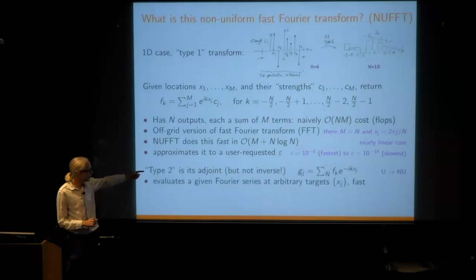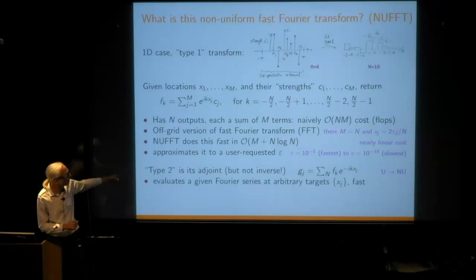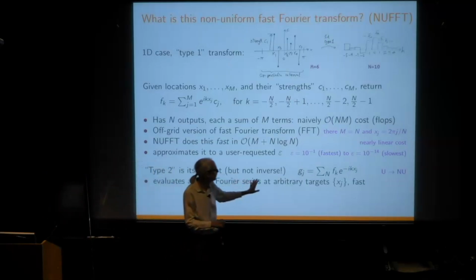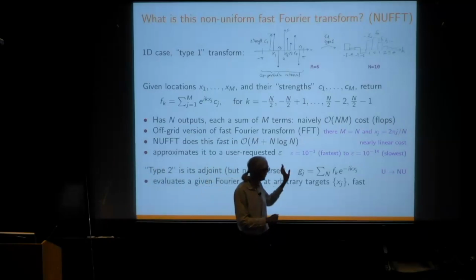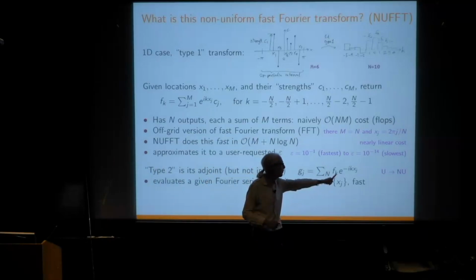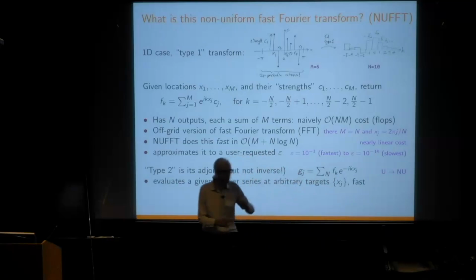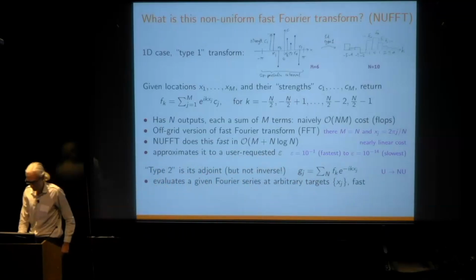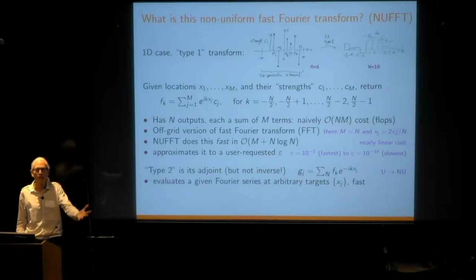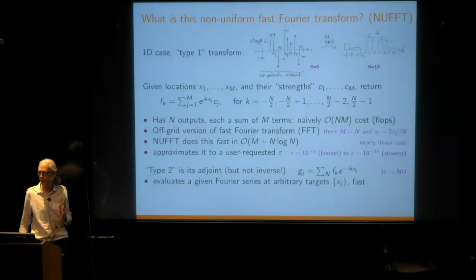And then there's another type of transform, which is the type 2, which is its adjoint, but not the inverse in general. Here you have the modes going in, f_k, and you have some other things which are like reading off a Fourier series at a bunch of arbitrary target points.